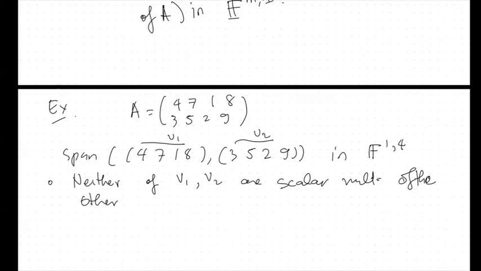The span of this list has dimension 2. So the dimension of the span of rows, the row rank of our A, is 2.